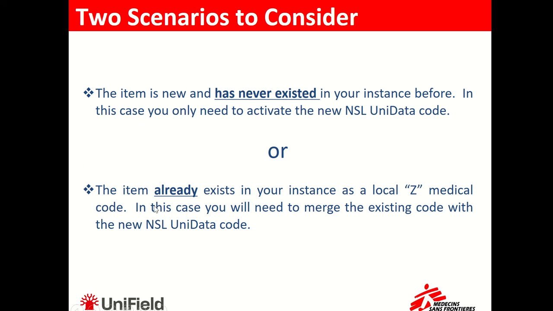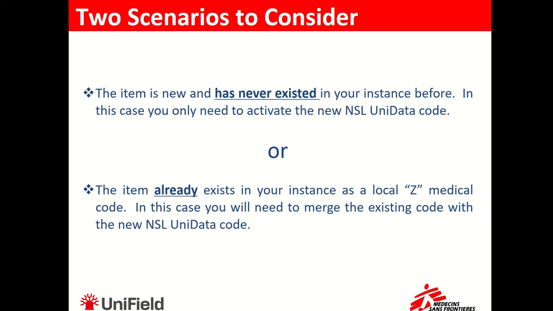This second scenario has one more step: instead of simply activating the code, you're going to merge it with the existing Z medical code that already exists in your Unifield instance.